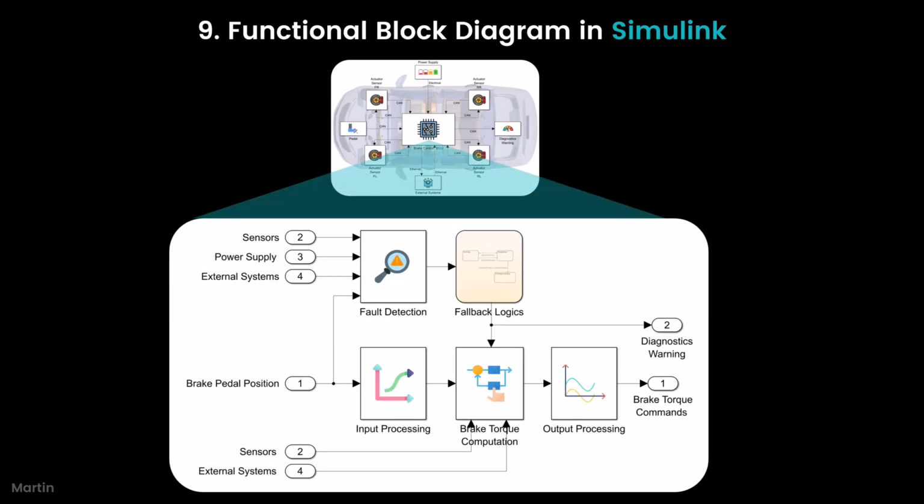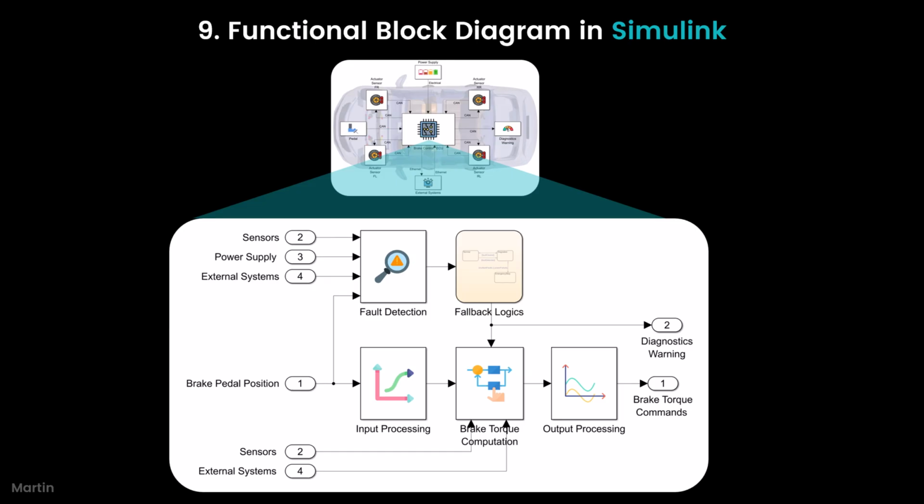Taking a closer look at the brake control ECU block, we can develop a detailed functional block diagram that illustrates its internal functions, control logic, and data flow. This in-depth view provides a clearer understanding of how the ECU processes inputs, manages braking strategies and fault handling, and coordinates commands to actuators and other subsystems.